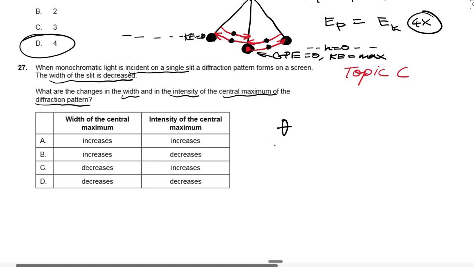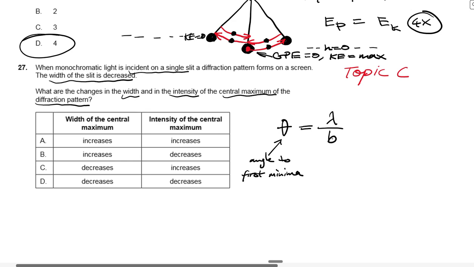Theta, which is the angle to the first minima, and what is that equal to?